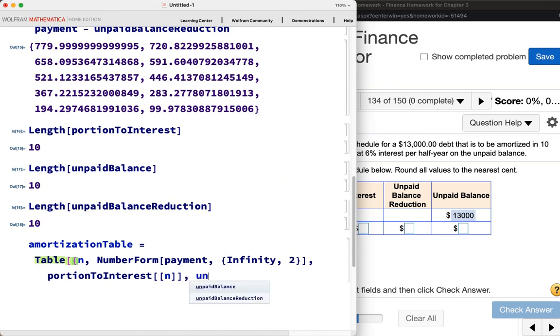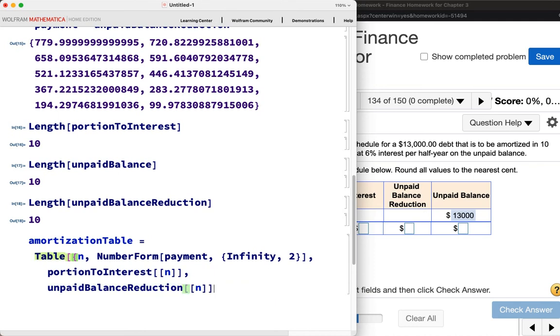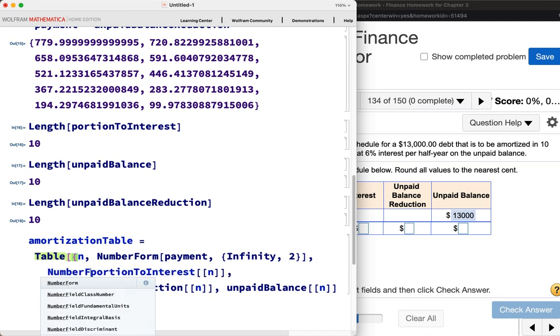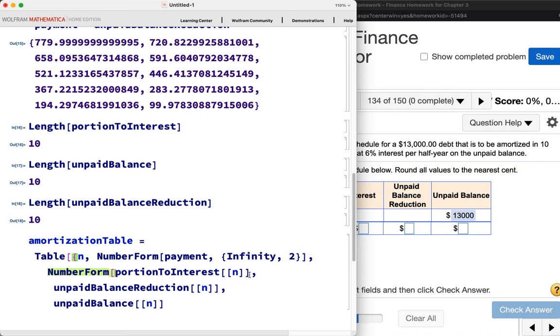And then unpaid balance reduction. And then finally, unpaid balance. Oh, and I should really round everything out to 2 decimal places. Yeah, number form, okay.